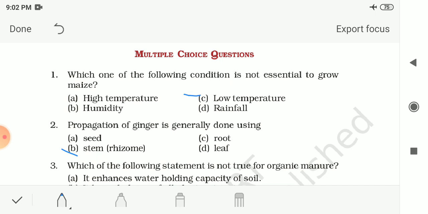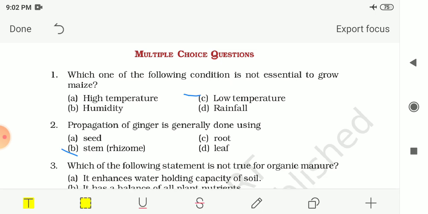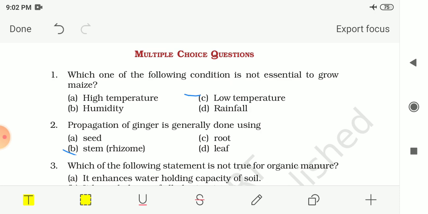Ginger is a modified underground stem. It is propagated by stem, and you can cultivate or grow this crop with the use of the stem. It does not grow from roots, leaves or seeds. So you have to grow ginger using these stems.